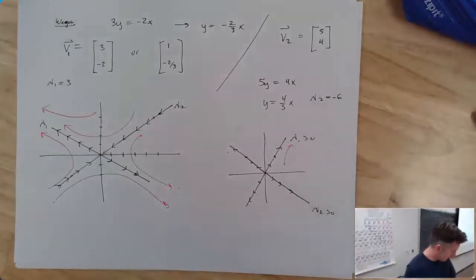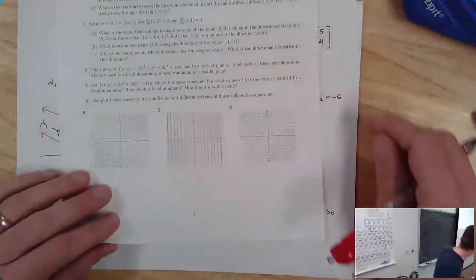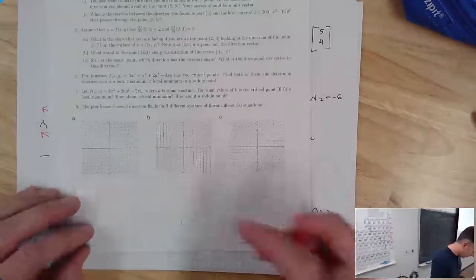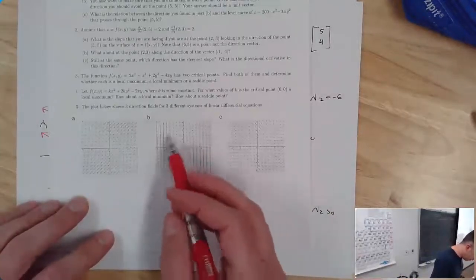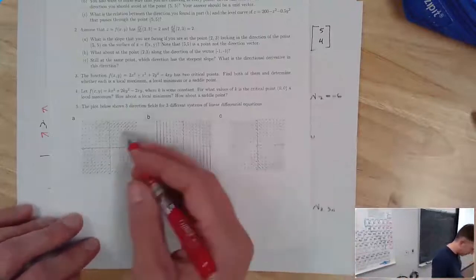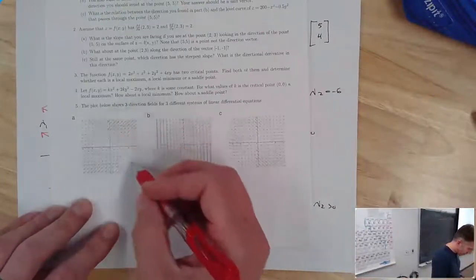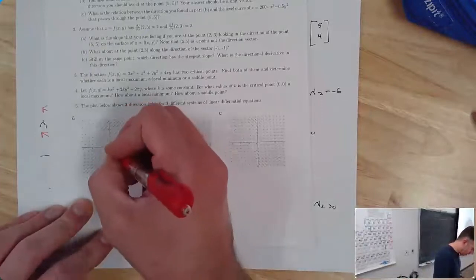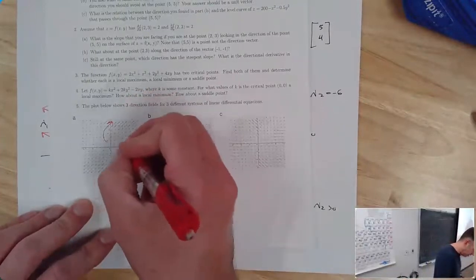For example, I know you can't really see these graphs particularly well, but you've probably seen them all on your practice test. This one here is the saddle-y one, I think. And these ones here both kind of go out. Here you can see it looks like there's an eigenline here and an eigenline here, but clearly you're going that way.